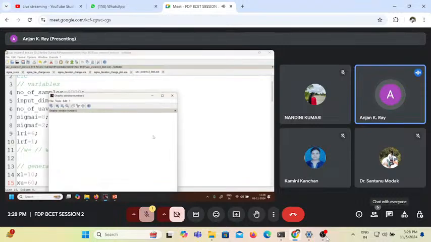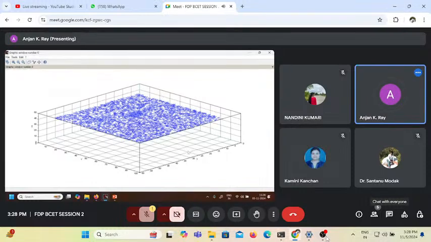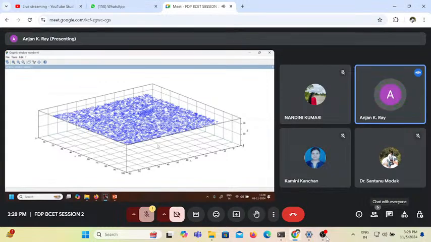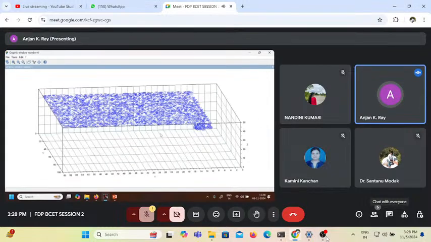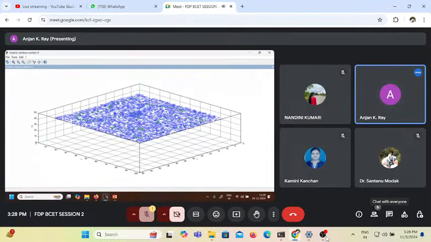Okay, so if I run it, you will see this figure. So it is still running. You see these neurons are initially here, and this upper blue space was required to be covered by these neurons, or here in this case, let's say drones or UAVs.